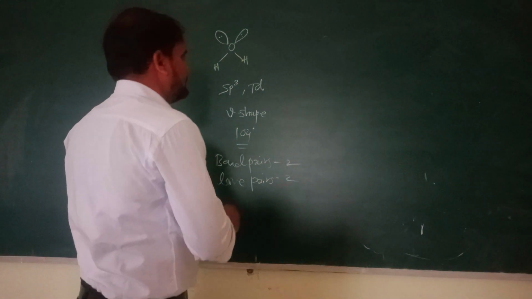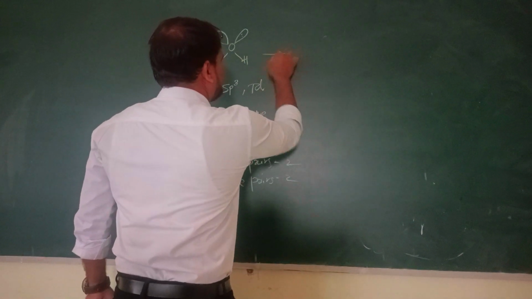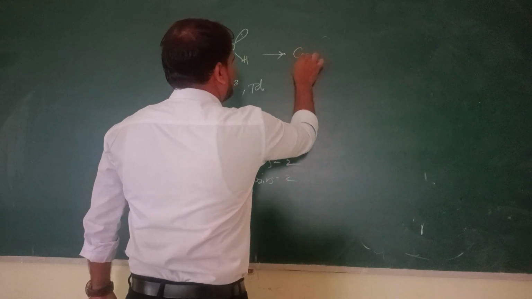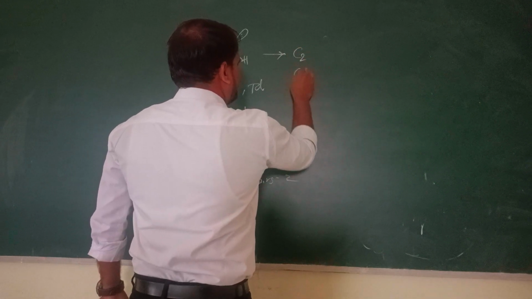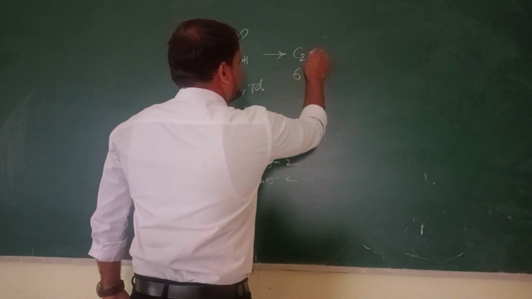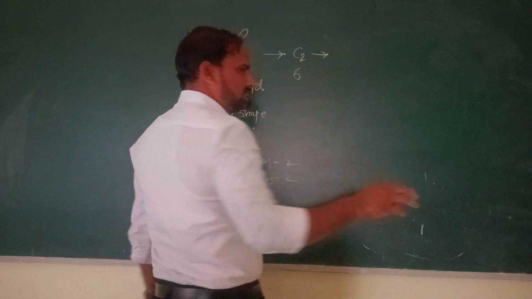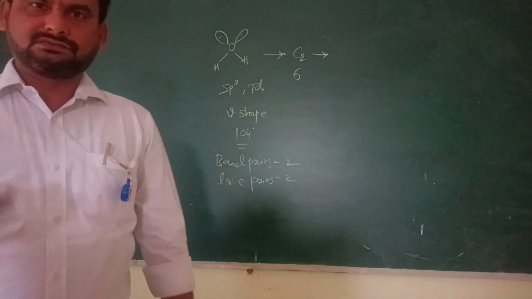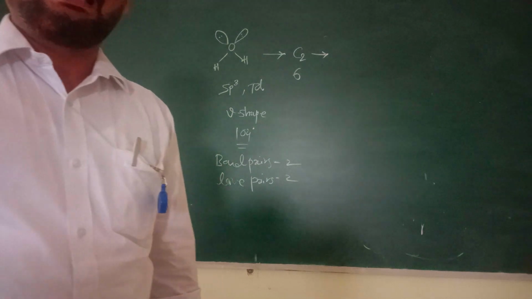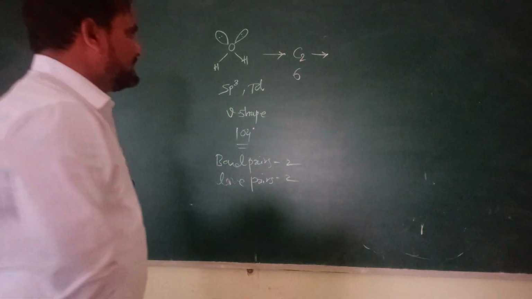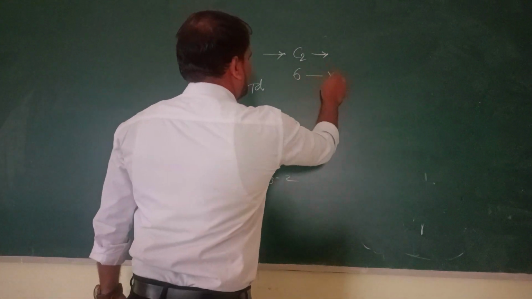Next, in the water molecule, how many symmetry elements are there? One is called C2, second is called sigma. C2 means the order of rotation is 2 and the angle is 180, and here sigma is our vertical sigma.